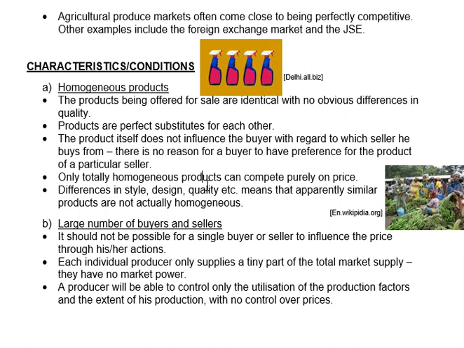So only totally homogeneous products can compete purely on price. That is what I just said. Now, if you have differentiated products, people buy your product not necessarily because you are cheaper, but because they like your product more. If I buy a Burger King burger, it is not necessarily because it is cheaper than a McDonald's burger.